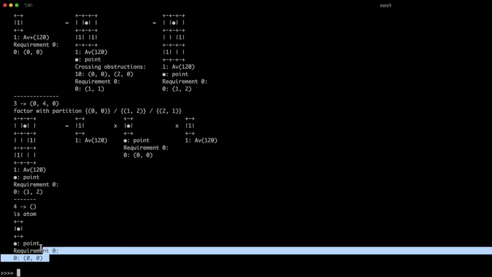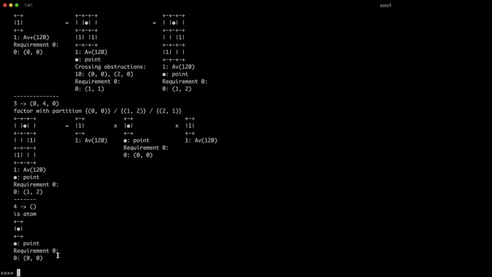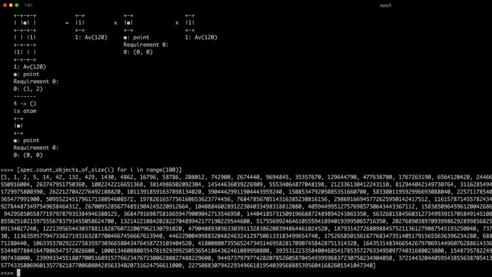And here we also say we understand the single point. Now, remember we saved the output in a variable called spec. This can now be used to count the 231 avoiders. You can quickly get up to length 100 and even beyond if we want. We can randomly sample.